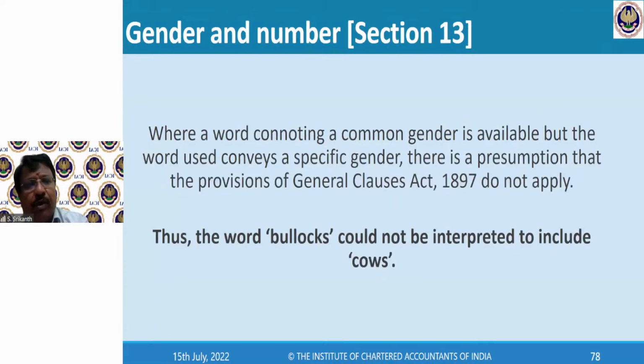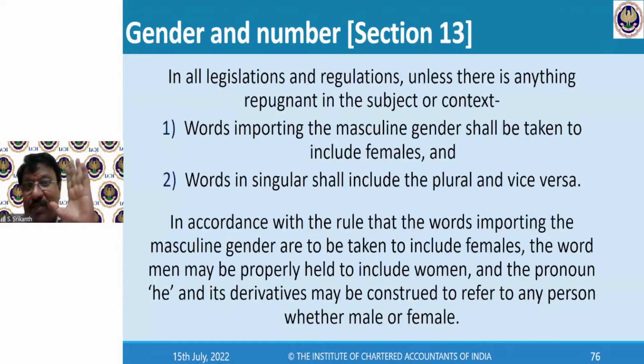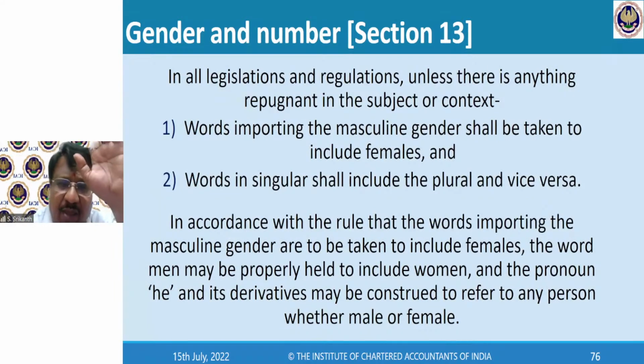One more thing I'll tell you. Be careful. Sexual diversity is very important, and sexual harassment is a very, very powerful law today. Invariably we will find sexual harassment, and you have to be very careful about use of gender. Either you use female gender, or you use neutral gender, or you use both.